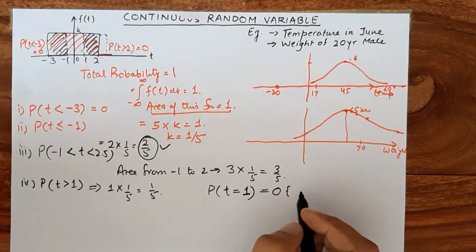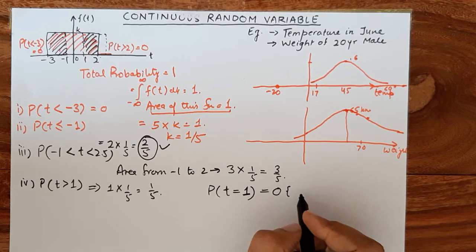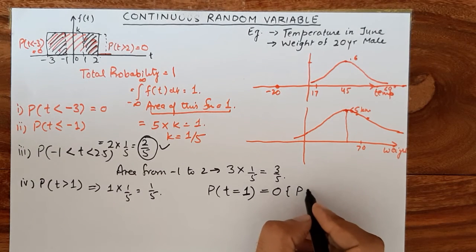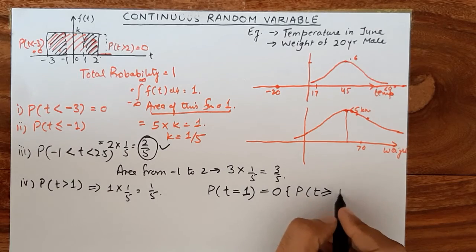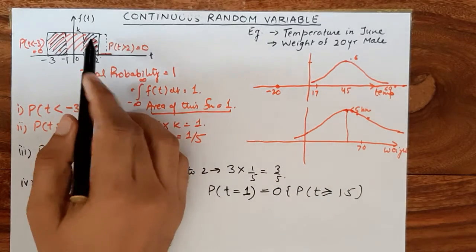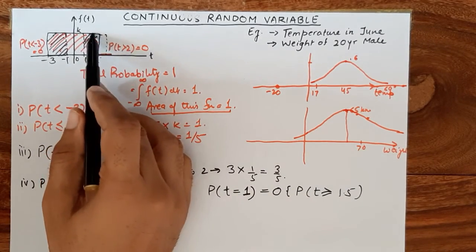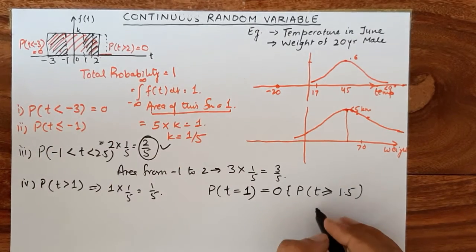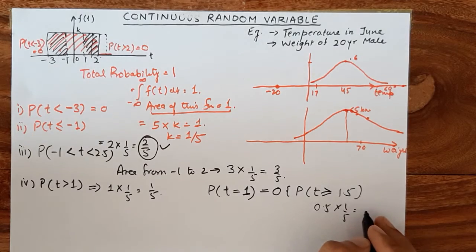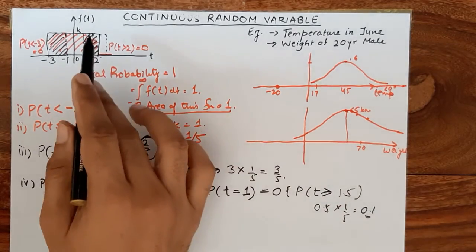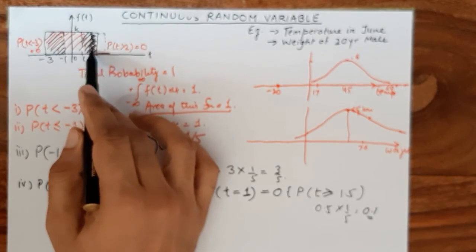That makes sense. Then maybe you could find the probability of t greater than or equal to 1.5. 1.5 will be somewhere here, so this is going to be 0.5 into 1 by 5, again a very small quantity. 0.1 is the probability of such an area.